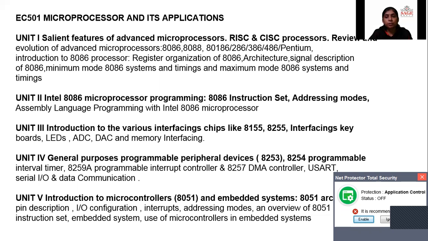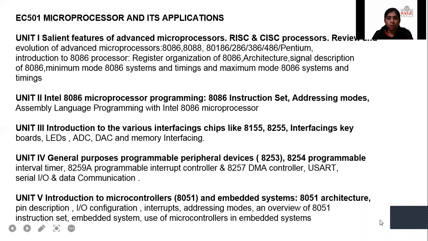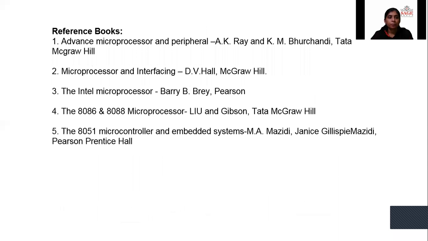And in the last unit, introduction to microcontrollers and embedded systems. 8051 architecture, its pin diagram, input output configuration, interrupt, addressing modes, instruction set, embedded systems, difference between microcontrollers and embedded systems, uses of microcontrollers in embedded system. This is the whole syllabus of the subject.